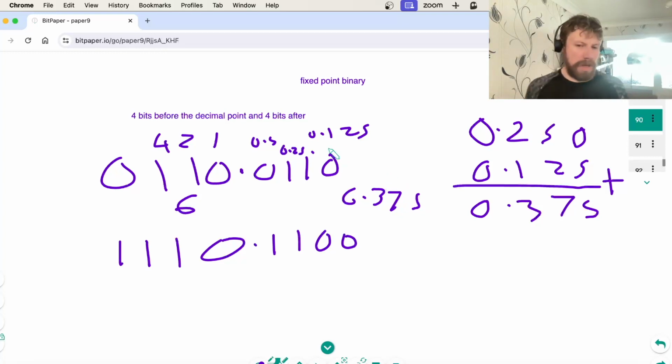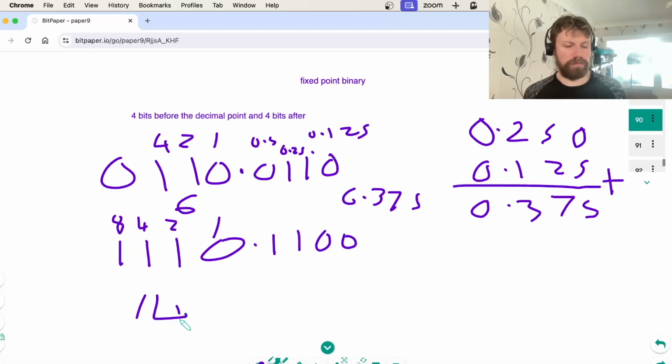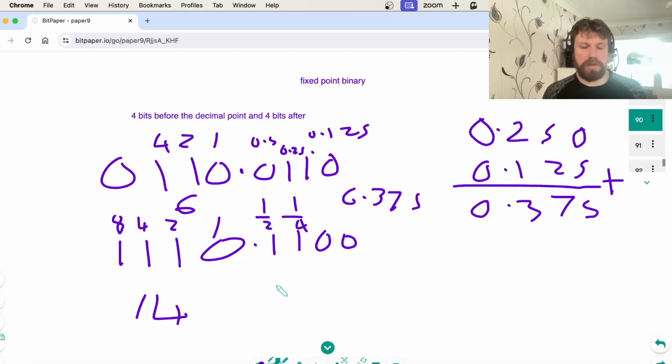Now, there is another method where you can use fractions. Either will get you the marks because that's maths. So 1, 2, 4, 8. That's going to give me 8, 4, 2, so that's 14. And then this one over here, a half, a quarter. We add those two together.